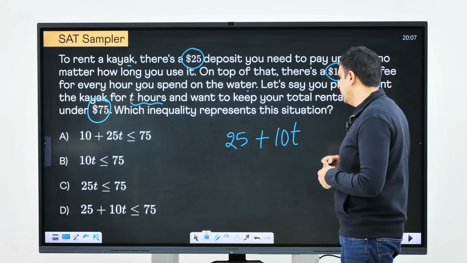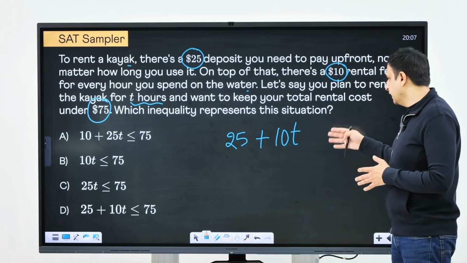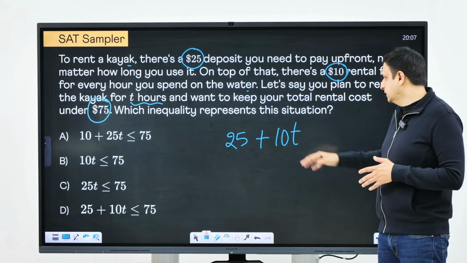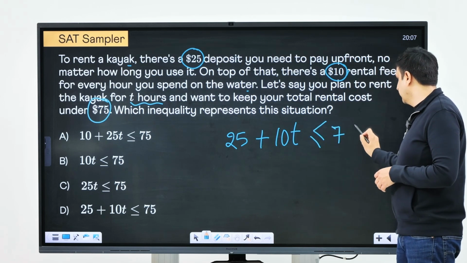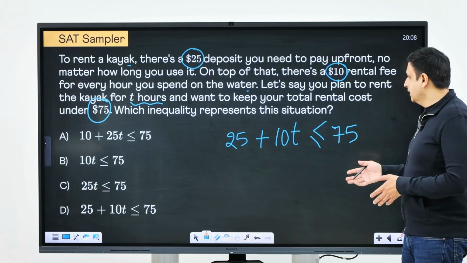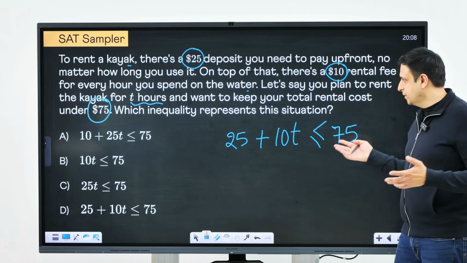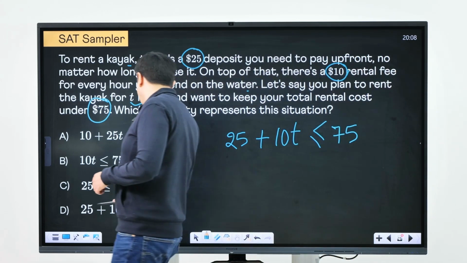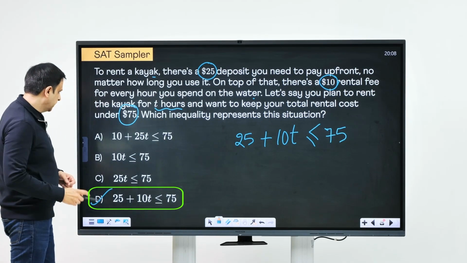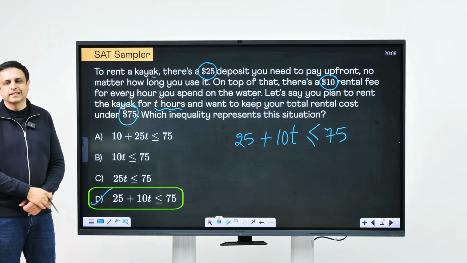So 25 plus 10T, and you don't want this to exceed 75, so this should be less than or equal to 75. So that's it. This is the inequality that represents the given situation, and this is in option D, 25 plus 10T less than or equal to 75. So option D is the correct answer.